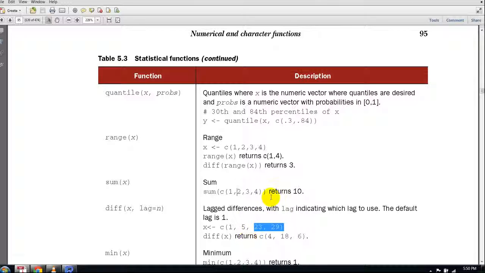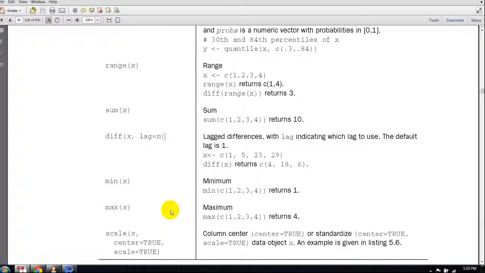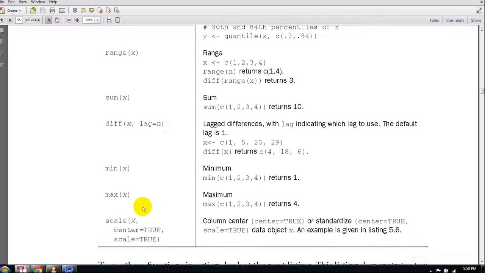And this is with the lag equal to 1, which means you do this one minus this one. But I guess lag equals 2 would mean you do this one minus this one, and this one minus this one. You can try that out. I think that sounds right. Minimum of x is just the minimum value within x. Maximum of x is the maximum value within x.